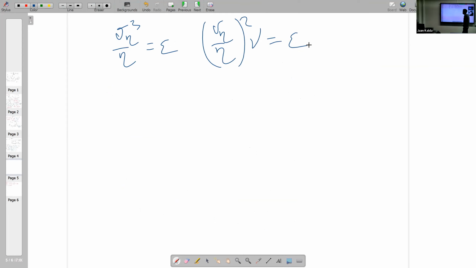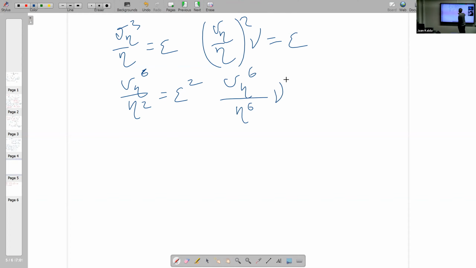Now let us square this: V_eta to the sixth divided by eta squared equals epsilon squared. And let us cube this, and then we obtain V_eta squared divided by eta to the sixth multiplied by nu cubed equals epsilon cubed.